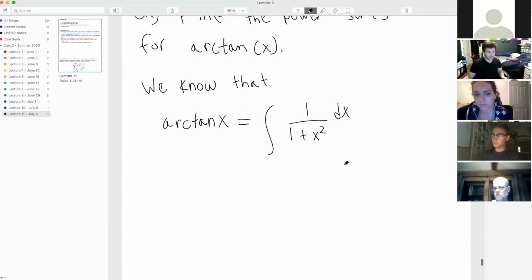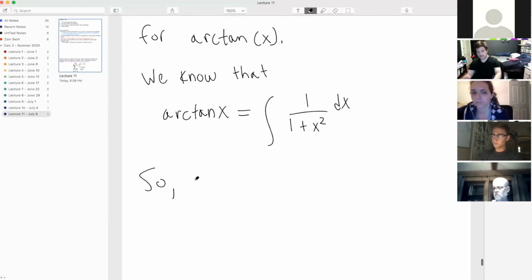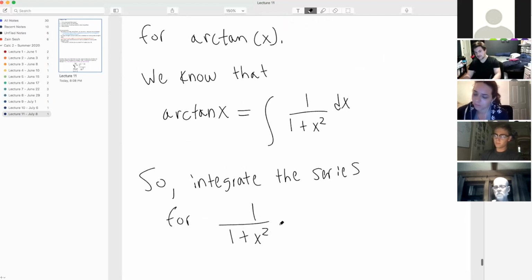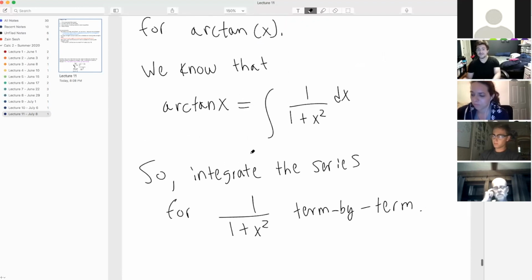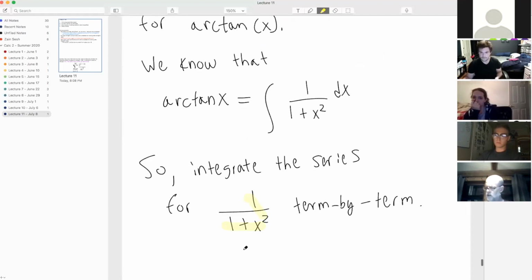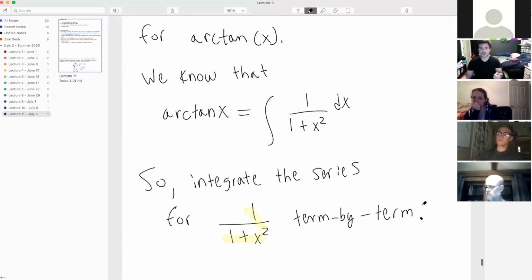So integrate the series for 1 over 1 plus x squared, term by term. So that's pretty much what you need to do. I leave it to you to find the series for 1 over 1 plus x squared. I actually think that was a previous example. So that's the extra credit.